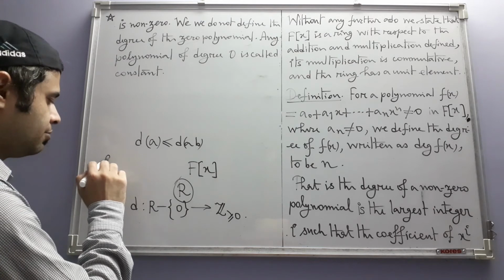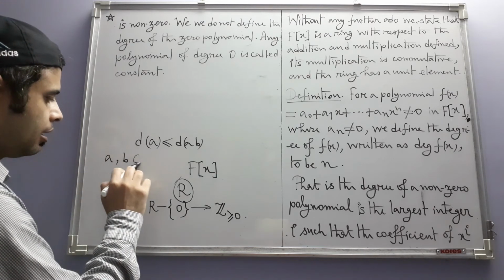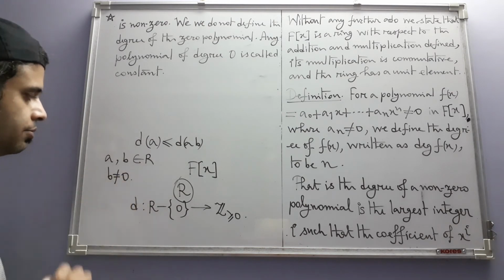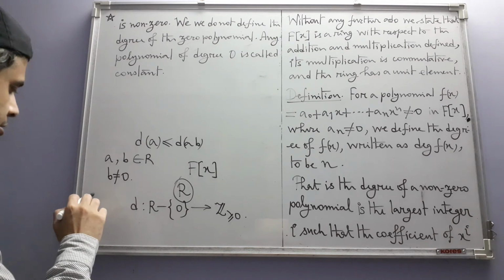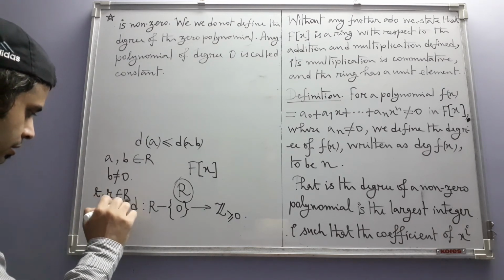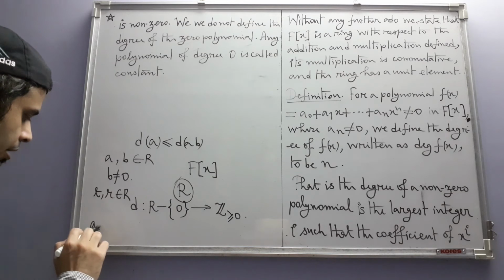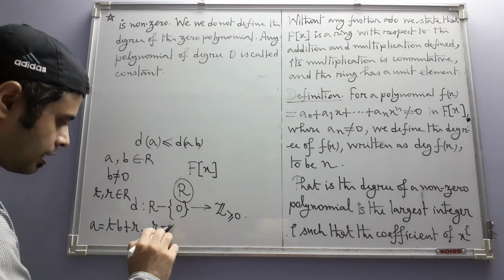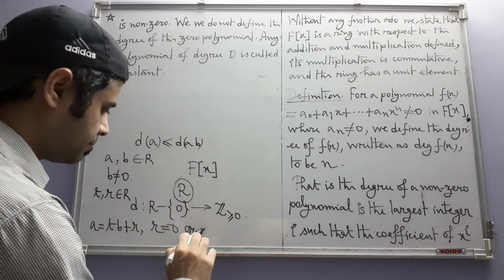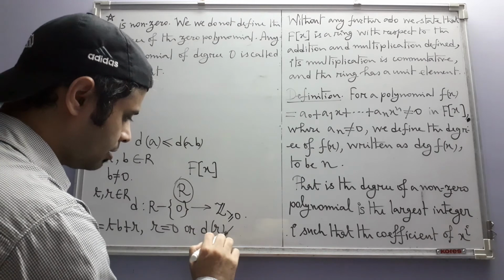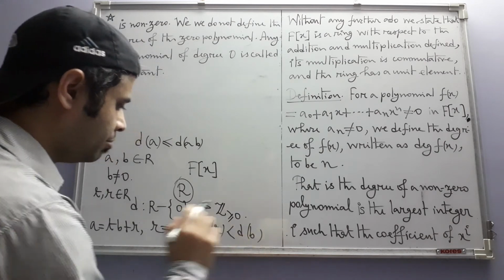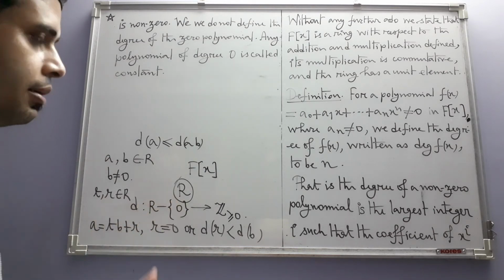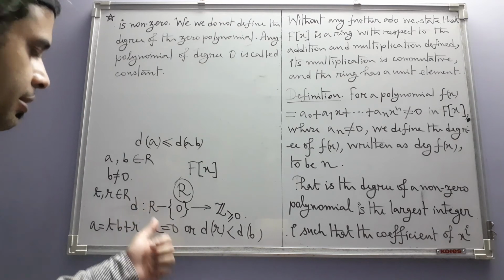It says that if we have two elements a and b in R, where b is not equal to 0, then there exist elements t and r in R such that a is equal to tb plus r, where either r is equal to 0 or the d value of r is less than the d value of b. If these conditions are true, then we say that R is a Euclidean ring with that d function.